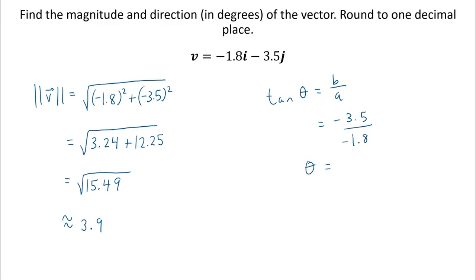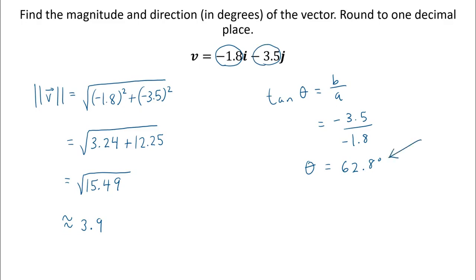And we get that theta is approximately 62.8 degrees. But we know that can't be right, because if we were to draw this vector in standard position, we would have to go minus 1.8 units left and then down 3.5 units. And that would put this vector in quadrant 3.